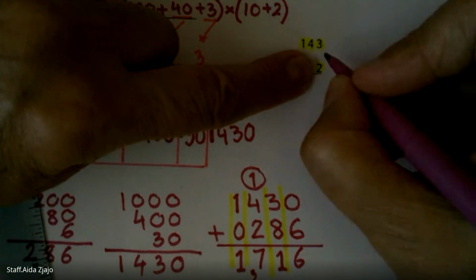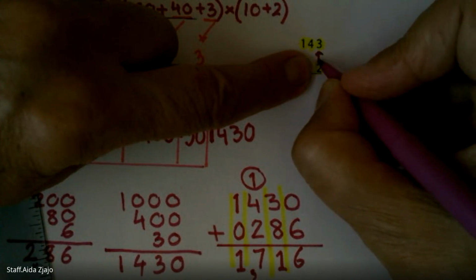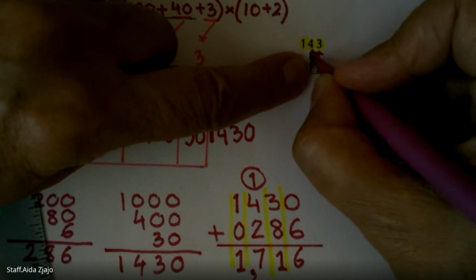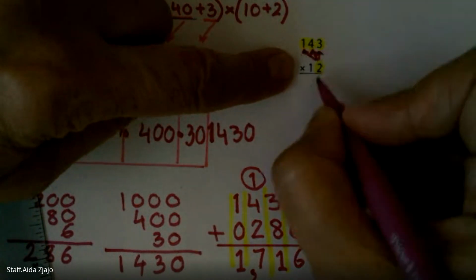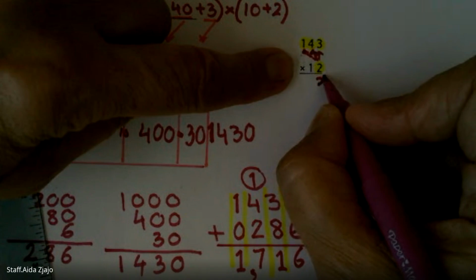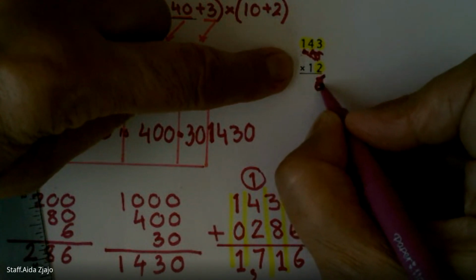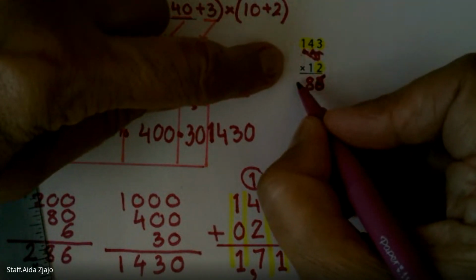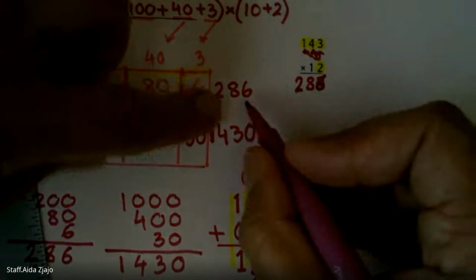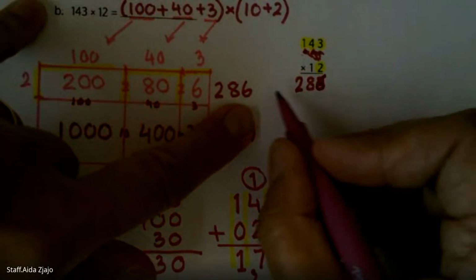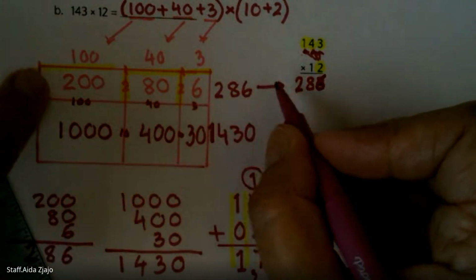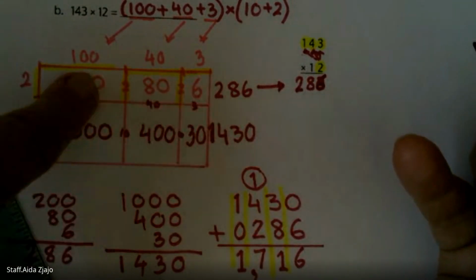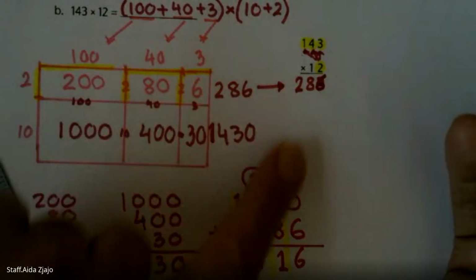But there is a procedure: 2 times 3, and then 2 times 4, and 2 times 1. 2 times 3 is 6. 2 times 4 is 8. And 2 times 1 is 2. So 286, exactly as the first 3 parts of the area model, 286.